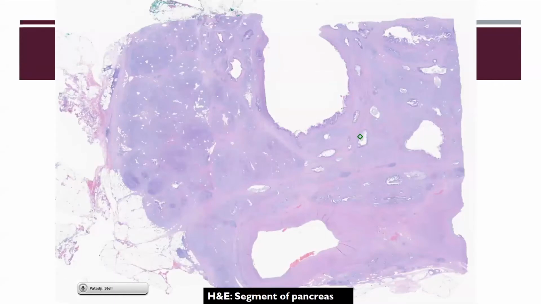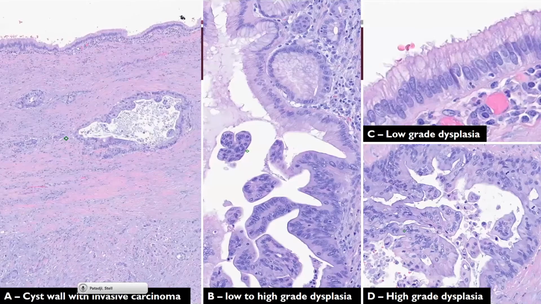The surgical resection specimen demonstrates a dilated main pancreatic duct in the middle of the picture. These are high-power images with A showing a cyst wall lined with low-grade dysplasia, below which is invasive adenocarcinoma.